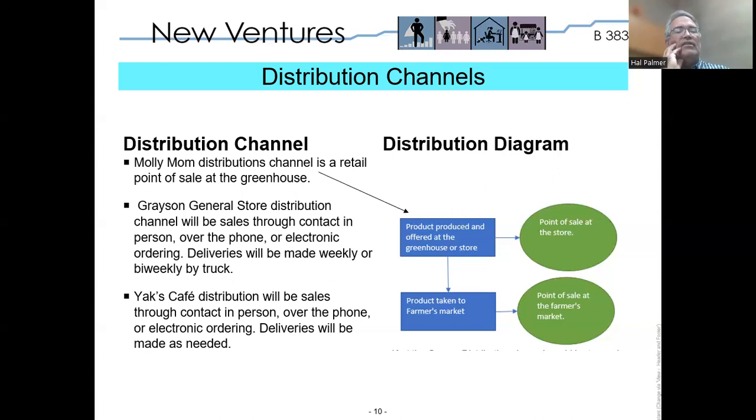And of course, the stores and the restaurants need an easy way to order the product, so we can do it electronically over the internet, or we can do it over the phone, or we can even drop by and take orders. But we would deliver those, and maybe with the restaurants, we would deliver them as they need them, if that makes sense.